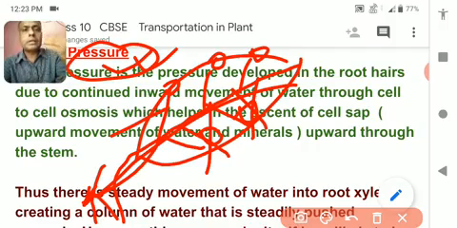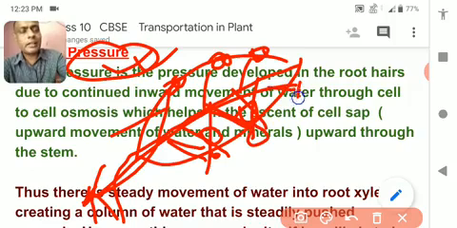Due to the closed stomata, the water moves through the outlet present at the corner of the leaves, and it remains in droplet form.